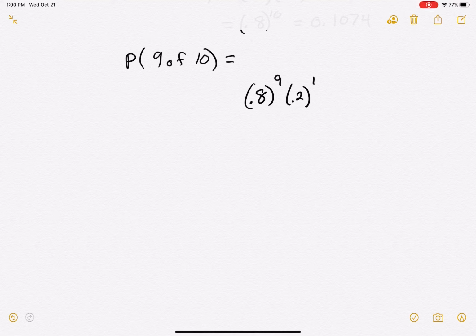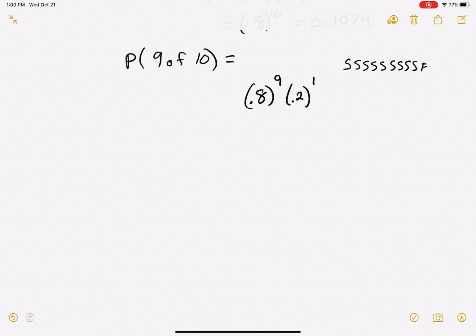But we also have to figure out all of the possible ways that he can make 9 out of 10. If we think about it, we go right back to what we learned last class when we talked about combinations and permutations. If he has 9 successes and 1 failure, that is one possible way that he can make 9 of them and then miss 1 of them.